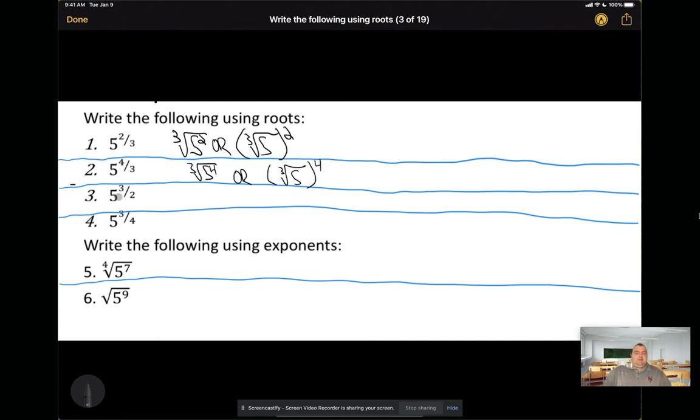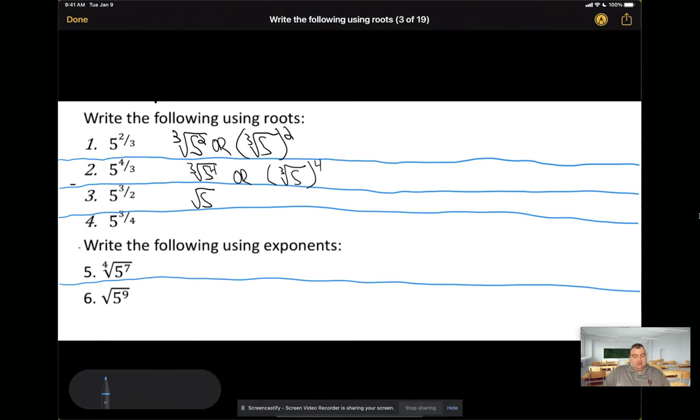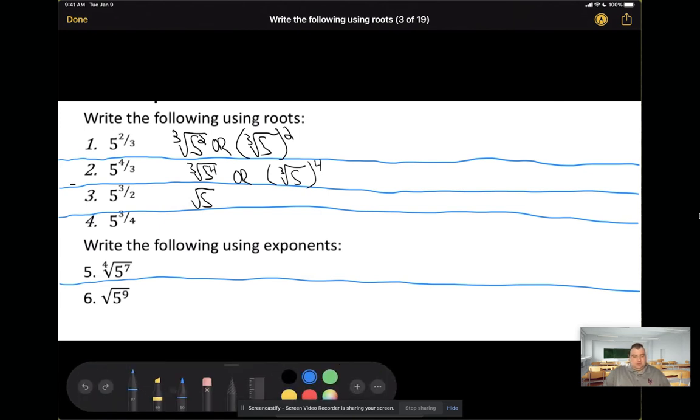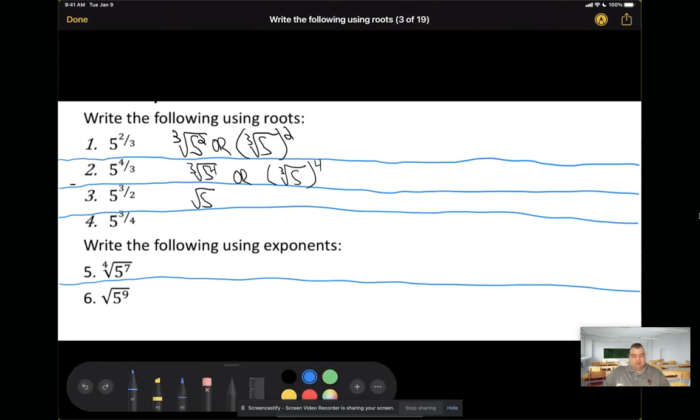Number 3, 5 to the power of 3/2. What is that going to look like? The denominator of 2 tells me that this is going to be a square root. You already know this, but when I have a square root, I don't actually need to write the 2 in there. If there's no root index written, I assume it's a square root.